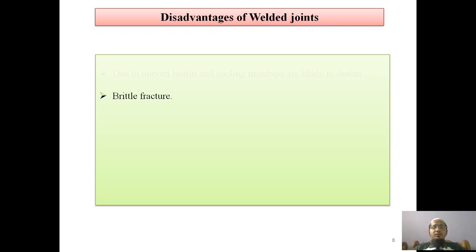Also, these joints will fail under brittle fracture, which can be eliminated in the case of bolted joints. Now, under the continuous loading and fatigue stresses, these welded joints will fail earlier than that of the bolted joints.